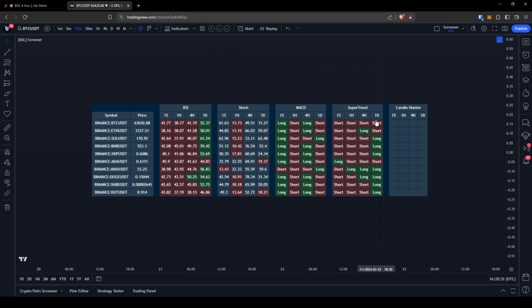You have different indicators. You have even some of the Candle Hunter signals. And if you are interested in that, just watch the next video of the BDL screener, and you will get an idea how to use it. And you have even alerts. This one is really good.